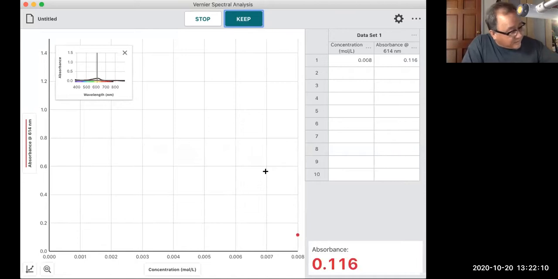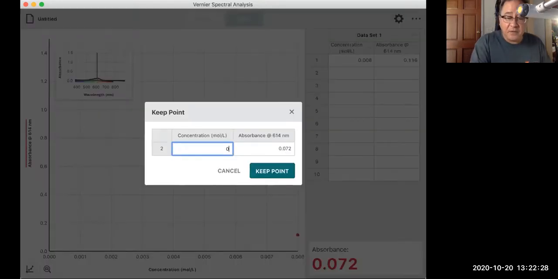I'm going to take this out, and I'm going to put another one in. And this is the one that's half the concentration. And we're going to keep this point and call that 0.004.